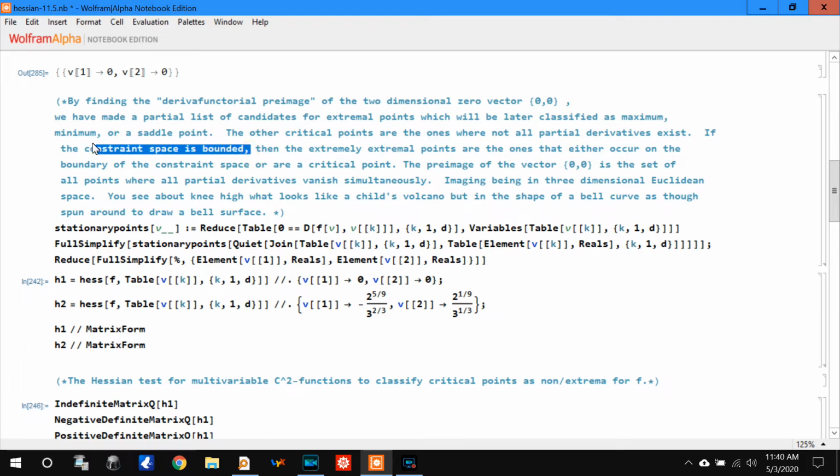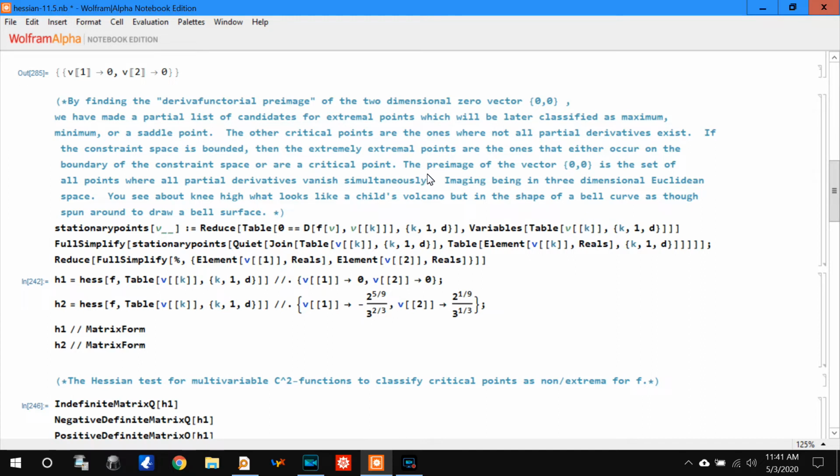Pretty much all constrained spaces are bounded, I would think. The extremal points are the ones that occur either on the boundary of the constraint space or are a critical point. Okay.